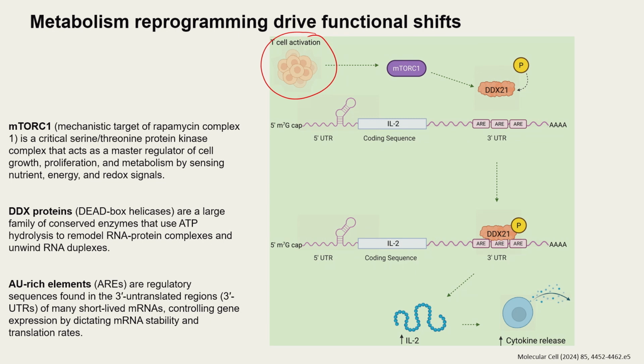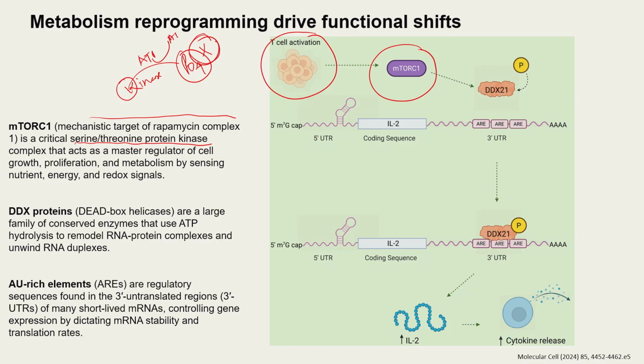the T cell activation can lead to a production of mTORC1. mTORC1 is actually the mechanistic target of rapamycin complex 1, which is a serine threonine protein kinase. When we discuss kinases, kinases stands for any protein that can do phosphorylation, so add a phosphate group to a separate molecule, say X. So if this is a kinase, the function of this kinase is to add the phosphate group into another protein by utilizing ATP and converting this ATP into adenosine diphosphate, providing a phosphate group to this molecule.